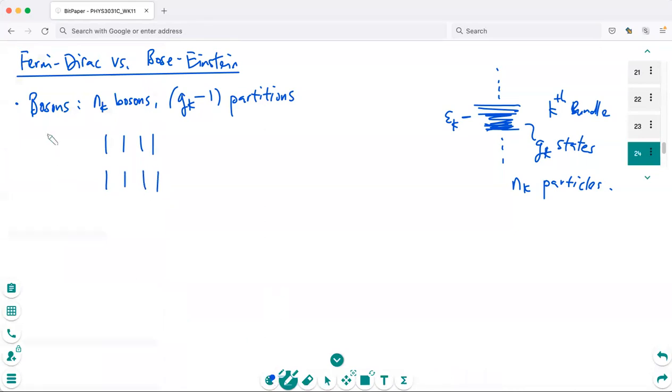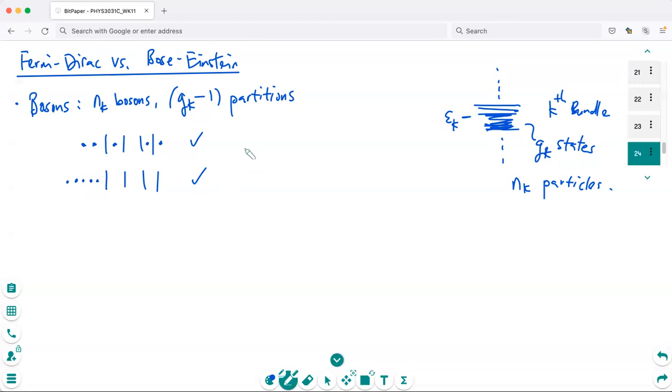So my bosons can enter any of the 5 states. For example, it can go here, can go here, it can skip one and then come here, and then the remaining one can come here. Okay, so this is allowed because they are bosons, they can share, and even if they really like each other, they can even come together, no problem. All 5 of them here, and then empty, empty, empty, empty, fine. Okay, this is also allowed.